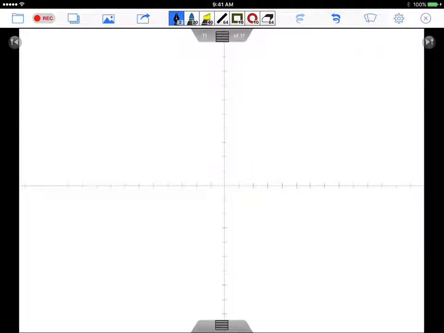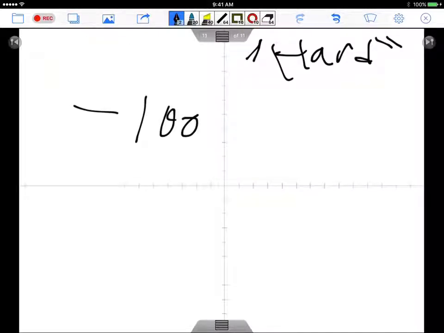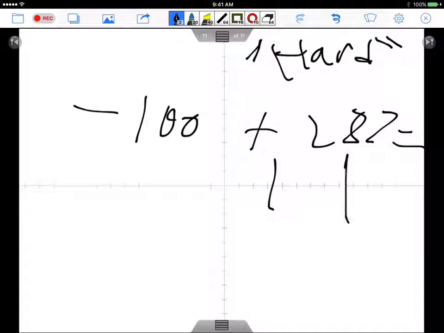So let's conclude this with a really hard question. Okay, let's do negative 100 plus 287 equals, what goes in here?